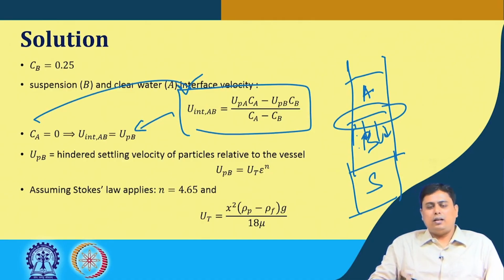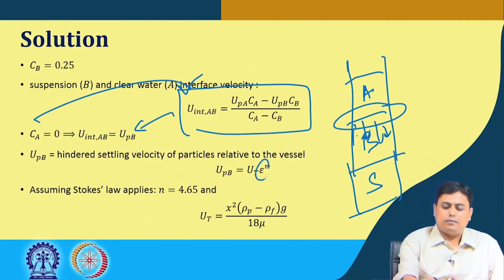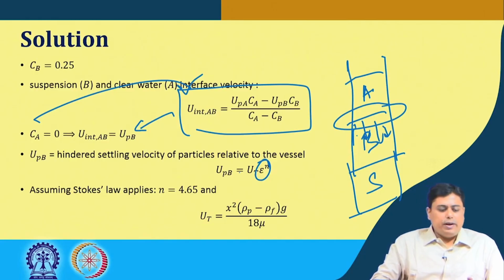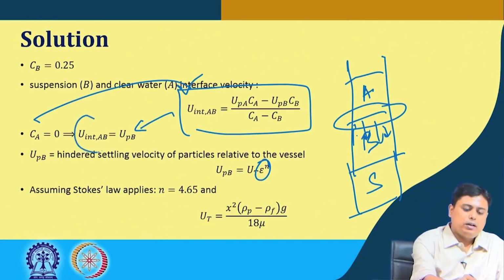Now, in earlier slides, we have seen that the hindered settling velocity is nothing but the single particle terminal velocity multiplied by this factor. If you remember the Richardson-Zaki expression, our goal is to calculate this one.